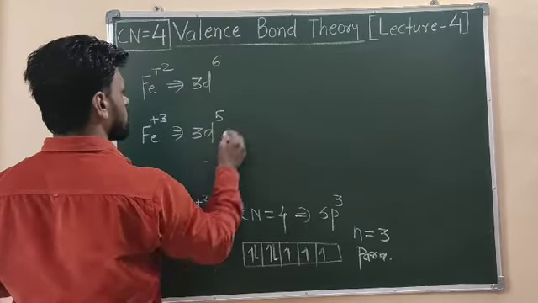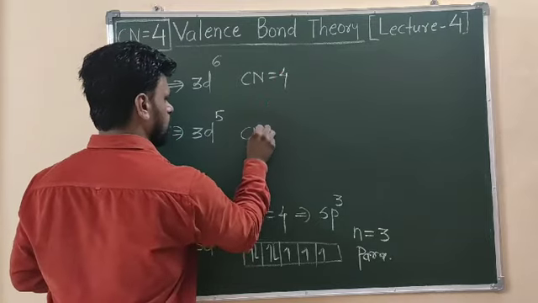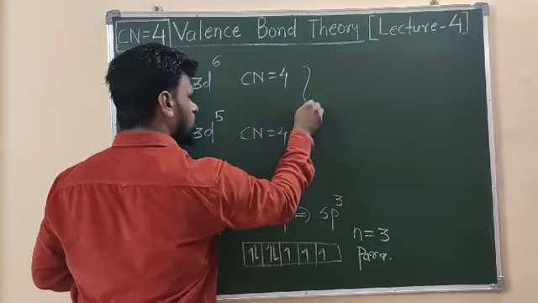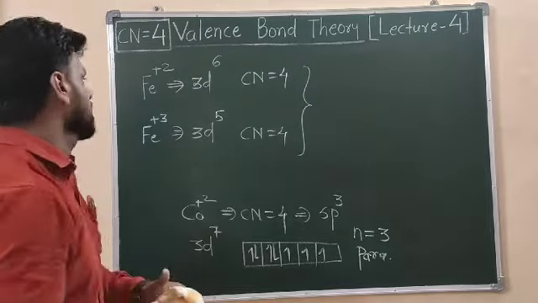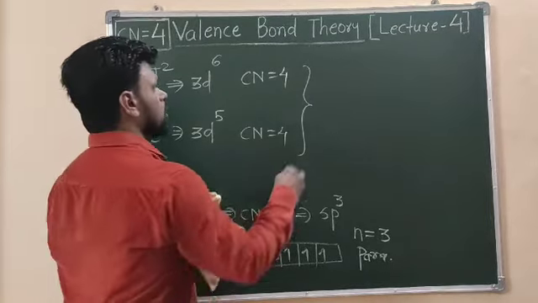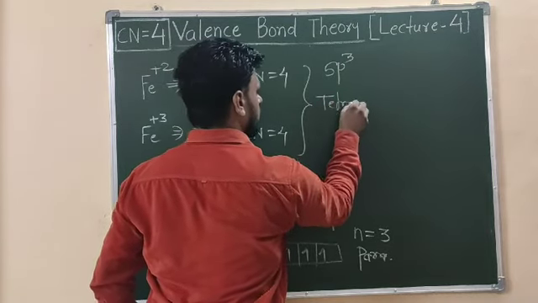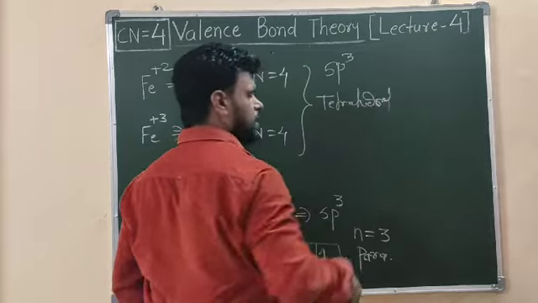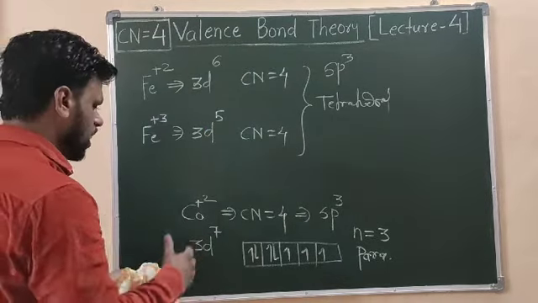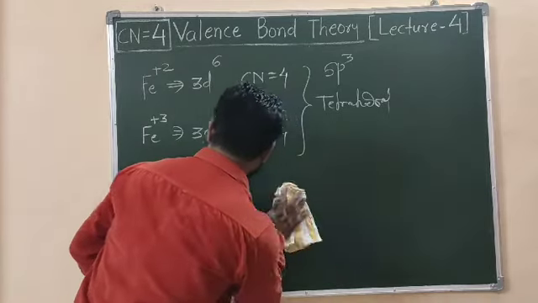If we have coordination number 4 in both cases with a weak field ligand, iron plus 2 and iron plus 3 will show sp3 hybridization, and the geometry will be tetrahedral in nature. And this is how we need to find out the complex chemistry.